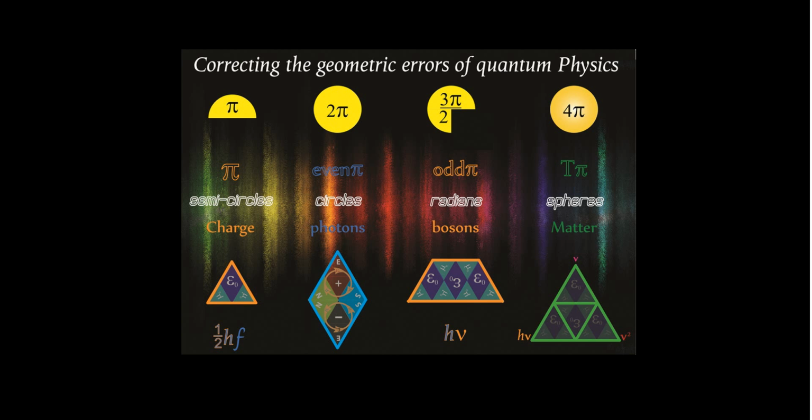In Tetryonics, we think of pi radians, or an equilateral quantum of charge, h nu, or a half hf, as indicated in this illustration. 2 pi radians, typically seen or imagined as a circle, in physics or in nature is actually 2 bosons, positive and negative, or they may be same charges. That's the 3 combinations that are possible. In any case, it creates a photon, hf, or 2 h nu.